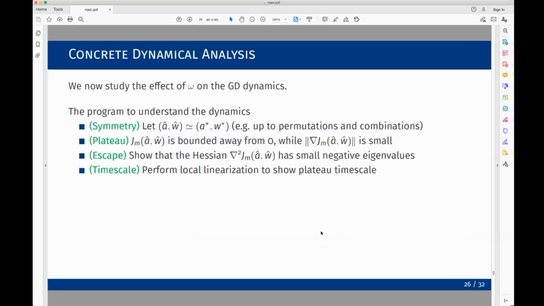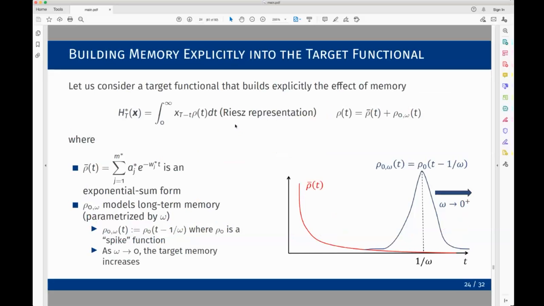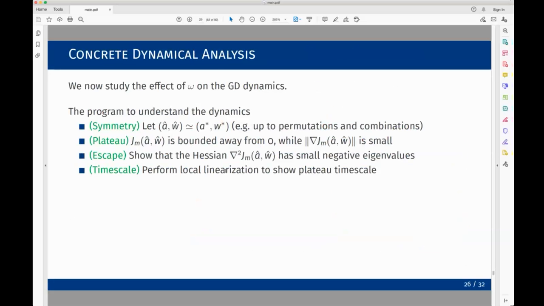Okay, so this is our numerical finding, and theoretically, how can we make it precise? Our result is based on the following program. First we specify certain symmetry of our parameters. Our short memory part is an exponential sum, and of course there are certain permutation symmetries of the parameters a hat and w hat, because up to permutation they are equivalent.